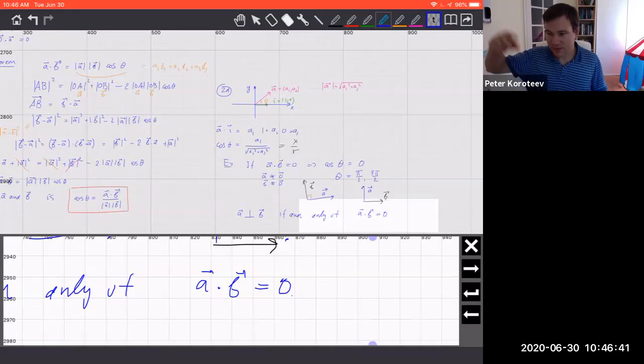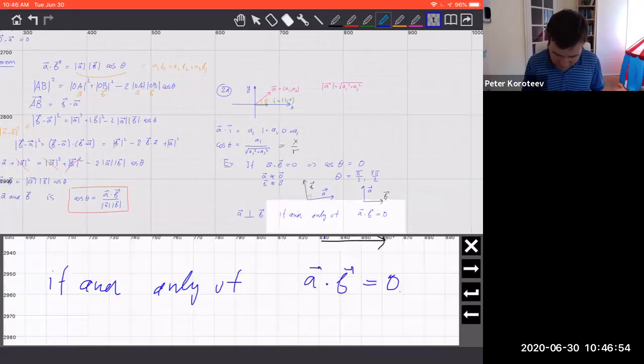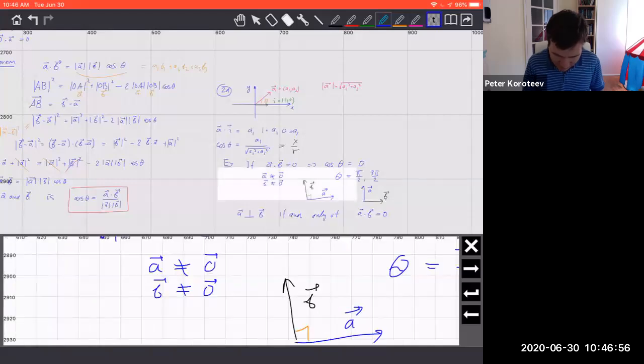If a fraction is equal to 0, it only happens when the numerator is 0. What you need to check is that the denominator is not 0 at the same time. What I'm telling here is that if vectors are orthogonal to each other, you need to make an adjustment that if you have a 0 vector like here, then it's orthogonal to any vector, right? It's just an assumption. So you don't have to divide, but that's the formula for the cosine, but to show that vectors are orthogonal, it suffices to look only at the numerator.